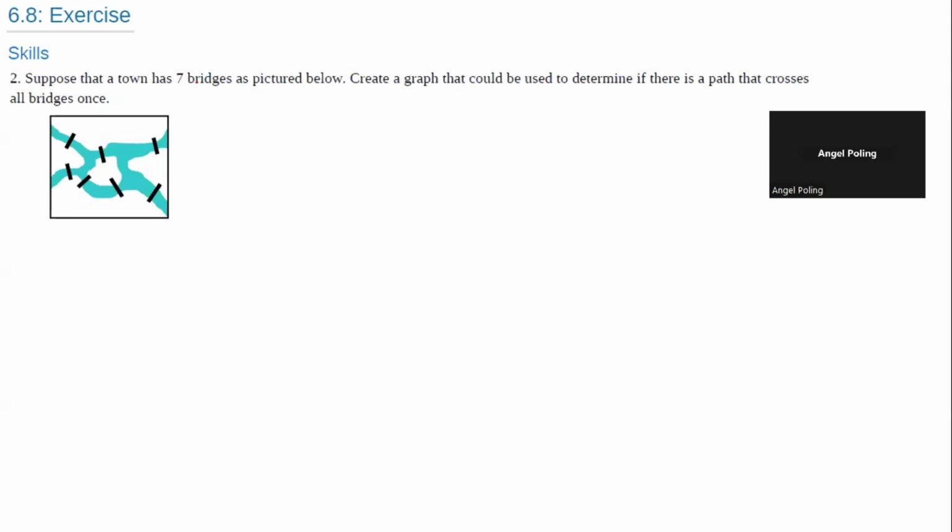All right, let's take a look at the homework problems from weeks 1 through 4. We have: suppose that a town has 7 bridges, as pictured below, create a graph that could be used to determine if there is a path that crosses all bridges at once.